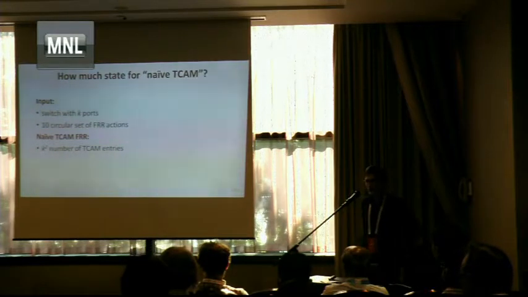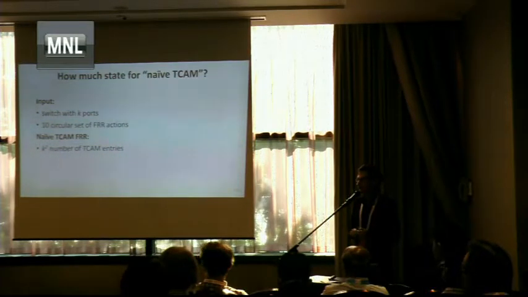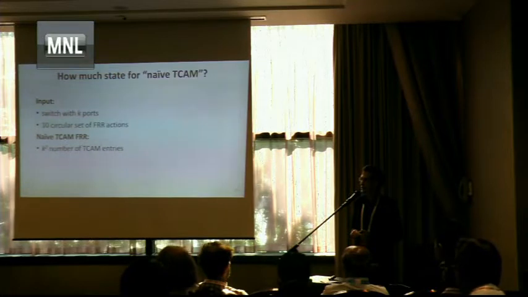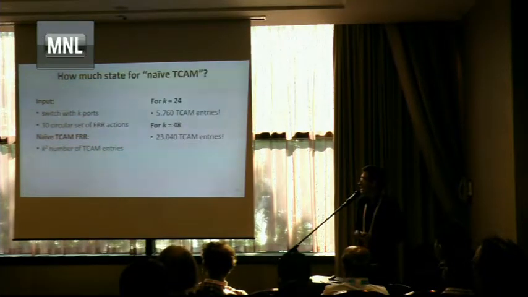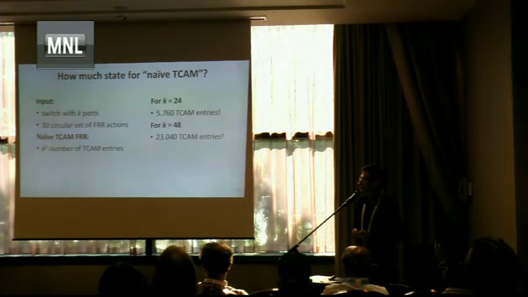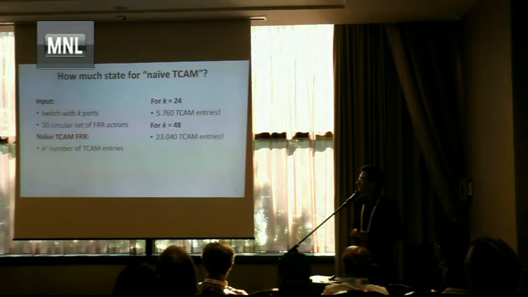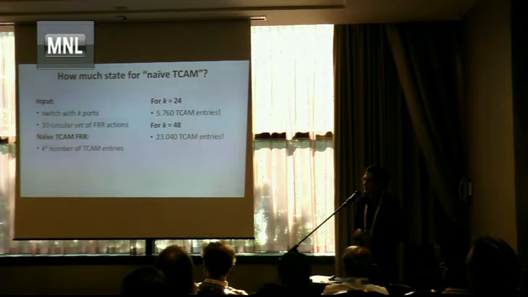With this naive TCAM approach, each single circular fast reroute action requires k-square TCAM entries. And if we look at switches with 24 and 48 ports, the amount of TCAM entries is already significant.